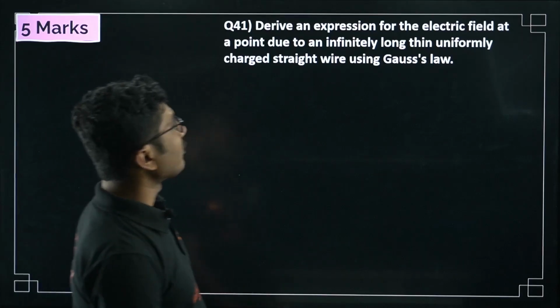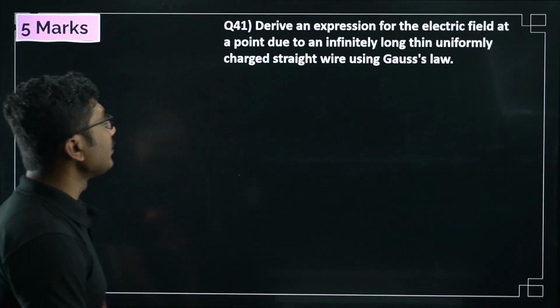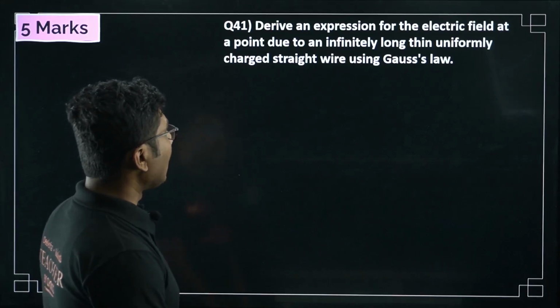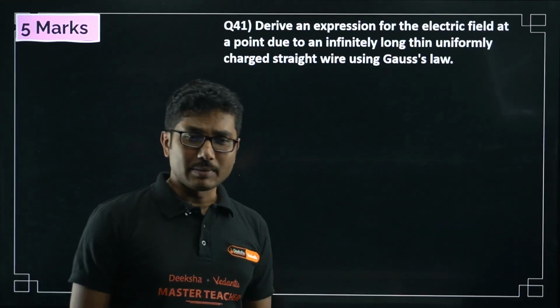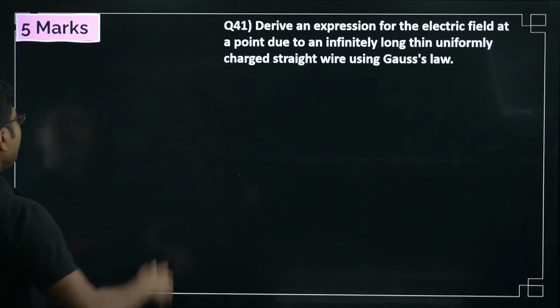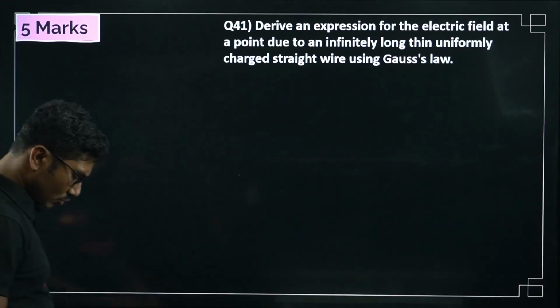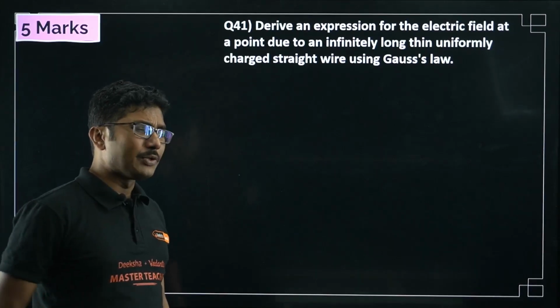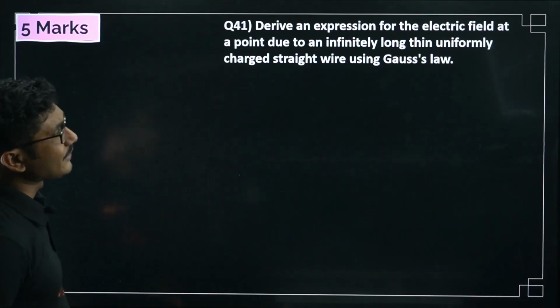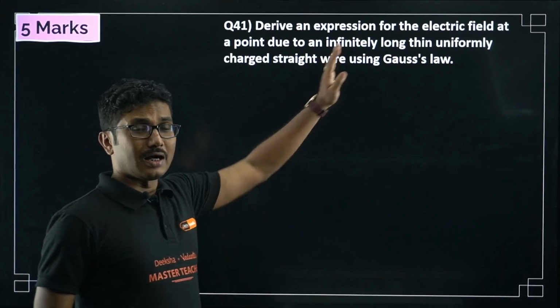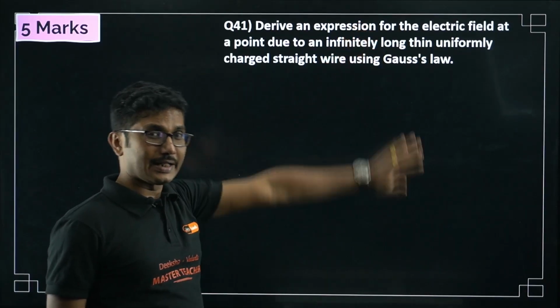Derive an expression for the electric field at a point due to an infinitely long, thin, uniformly charged straight wire using Gauss's law. This is the most common question from this chapter, from most of the last few PYQs that I have seen. If there is a question from Gauss's law, this is the question. Obviously they ask to state Gauss's law first, then they ask this question.